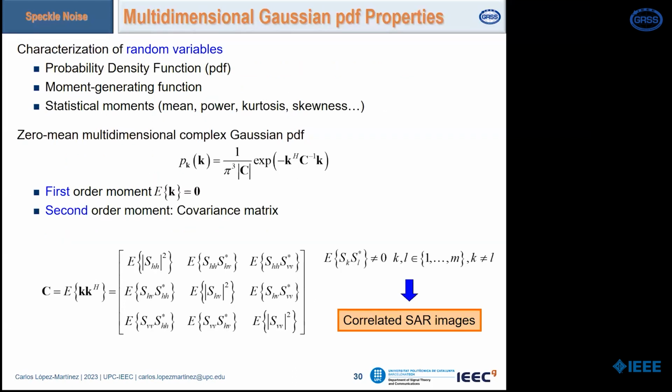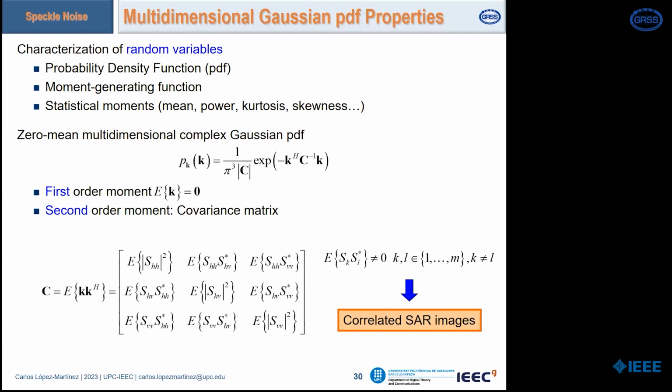Okay, so therefore, I took this distribution, which is the general Gaussian distribution for a complex vector of m components, in three components, sorry, in this particular case, which allows any covariance matrix. In this matrix, the diagonal terms represent the intensity, and the off-diagonal elements represent the correlation of the images.